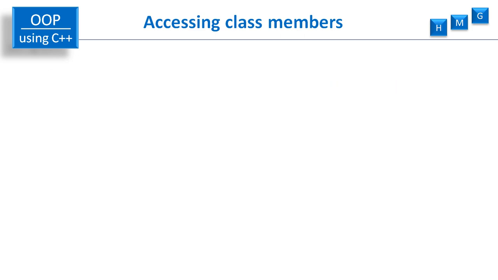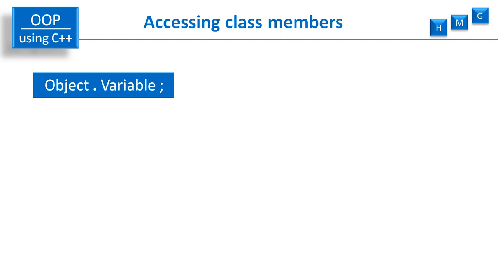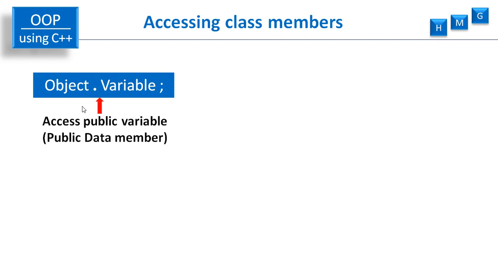Here is the general form of accessing a class member, that is object dot variable. Which type of variable? Only a public variable can be accessed. This variable should not be a private variable. This is very important: private variables cannot be accessed by the object, only public variables can. So how do we access a public variable, or public data member?